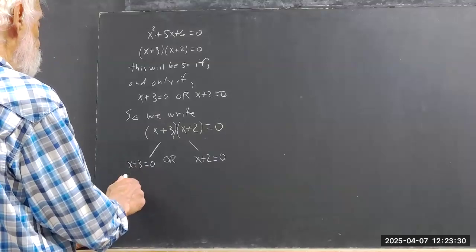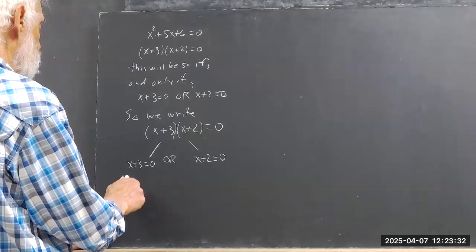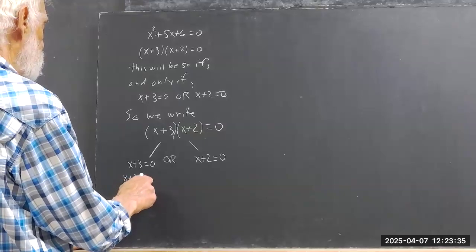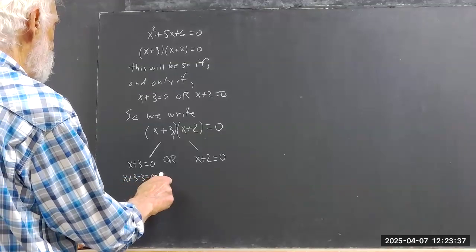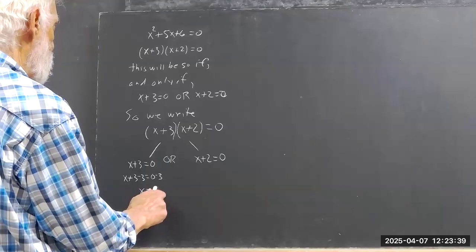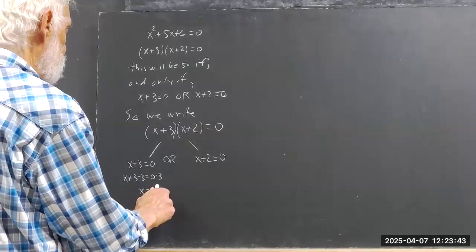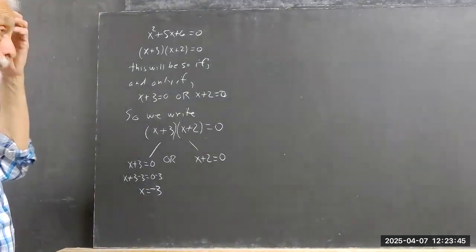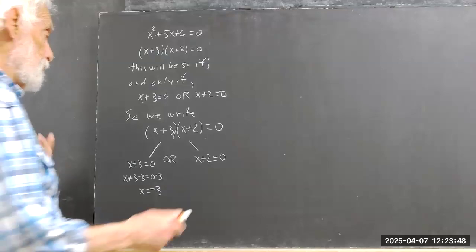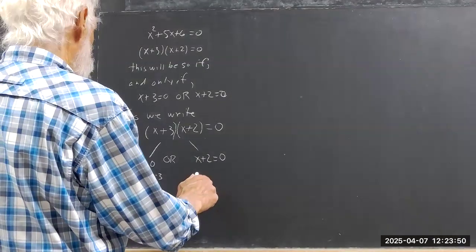Okay, anyhow, x plus 2 equals 0. Well, you can solve this equation. You get x equals -3. Okay? Not write out the steps because equations are not always trivial.